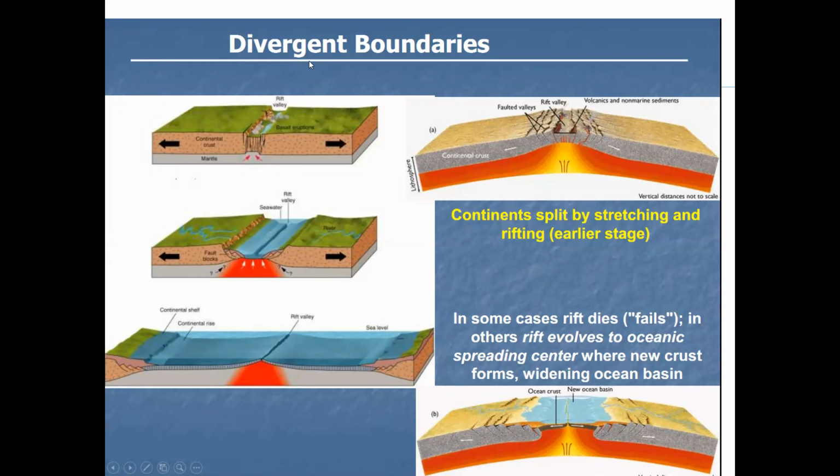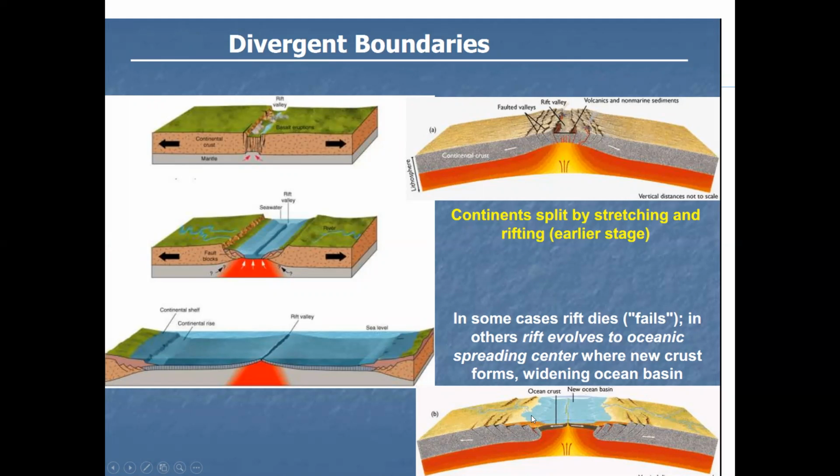So now, what we have here is a typical example of a divergent plate boundary. You have two plates moving away from each other. What happens? You have, for example, a Rift Valley being created, such as the East Africa Rift Valley, because these two plates are moving away from each other. And as a result, you will also have, for example, a new ocean basin being created.